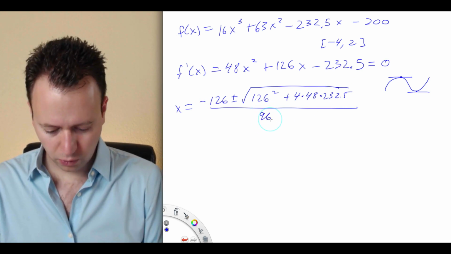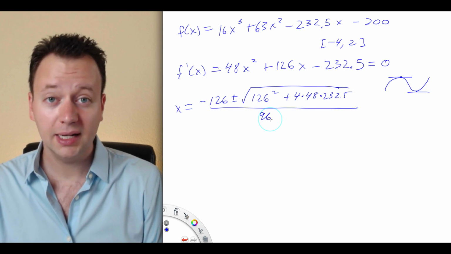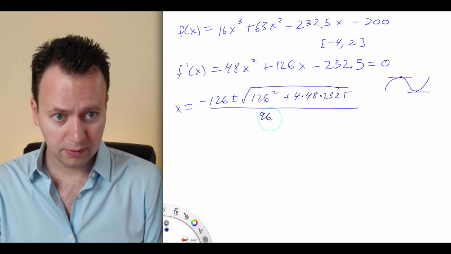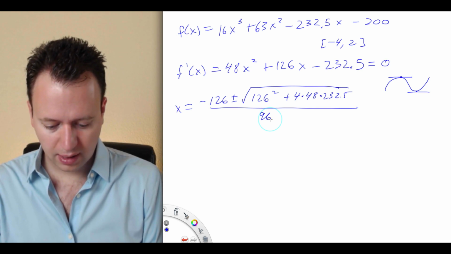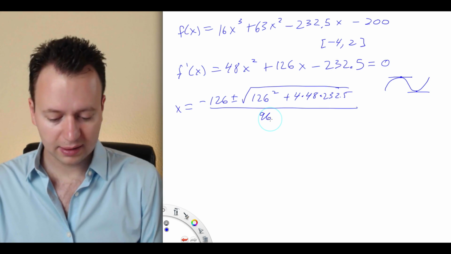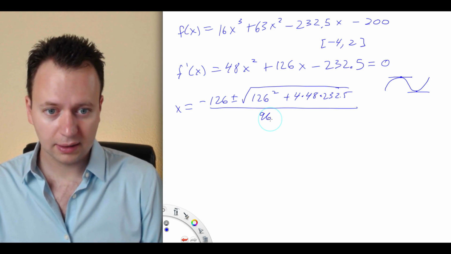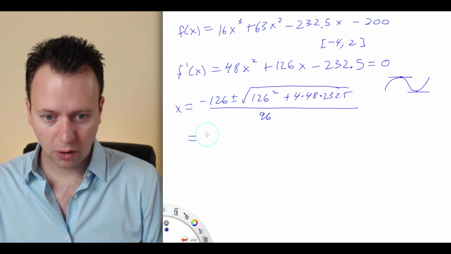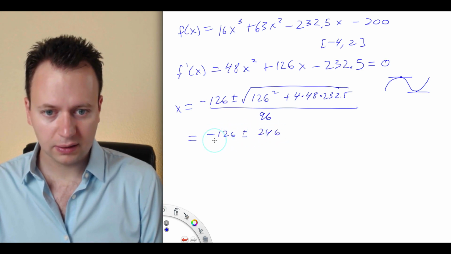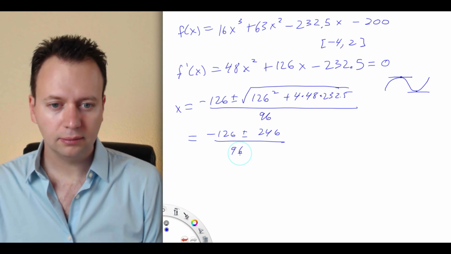Okay, so 126 squared is 15,876 plus 4 times 48 times 232.5. That gives us 60,516, and the square root of that is an even 246. So the critical points are at minus 126 plus or minus 246 over 96.